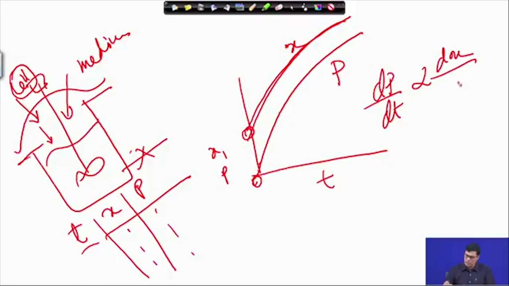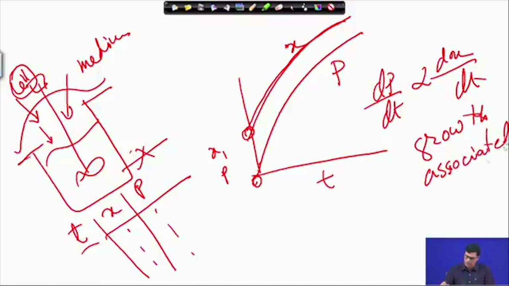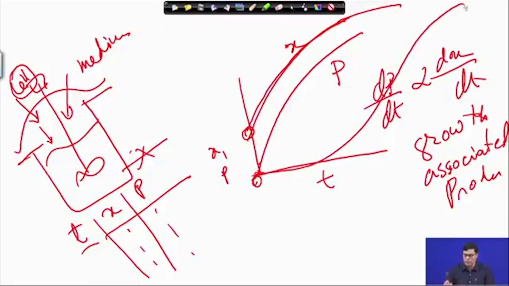Am I right? In that case we call it a growth associated product. Now, suppose when your organism attains the plateau, then your product formation starts. This is an example of a non-growth associated product.